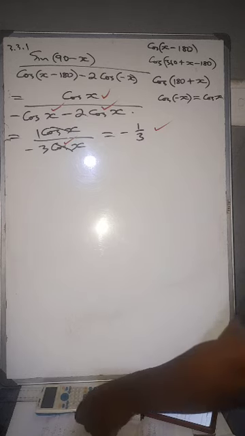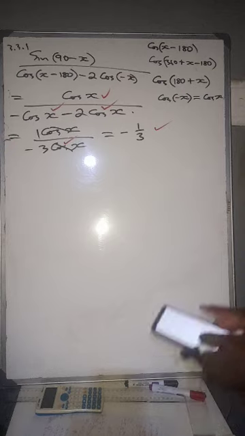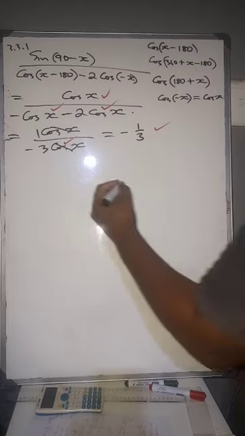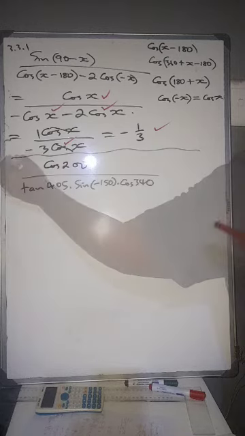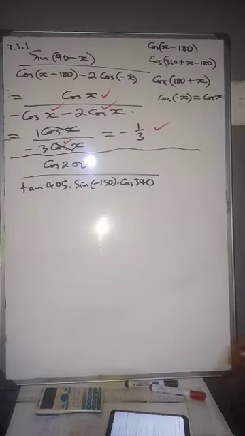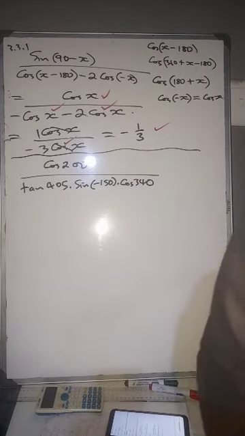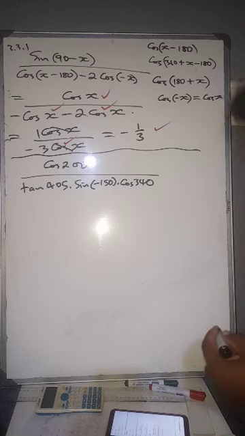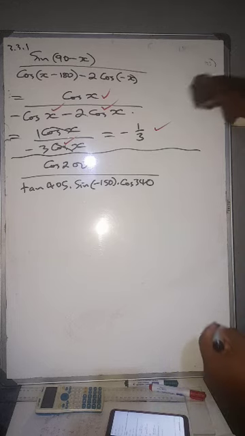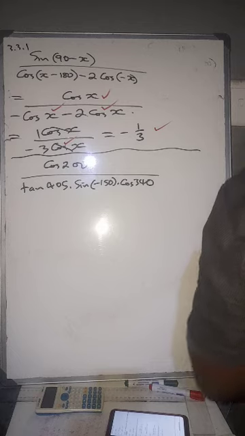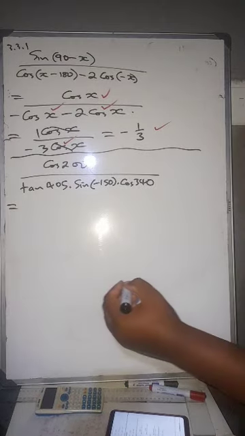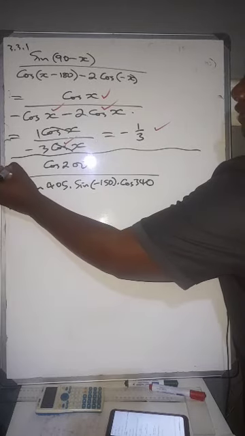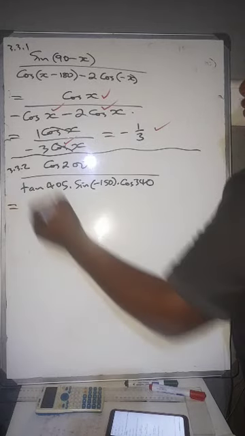And then the next question. Is it very long? Okay, it will fit here. We have cos 200. We have a number of special angles there. Simplify this also without using the calculator. How do we do that? This is question 3.3.2.